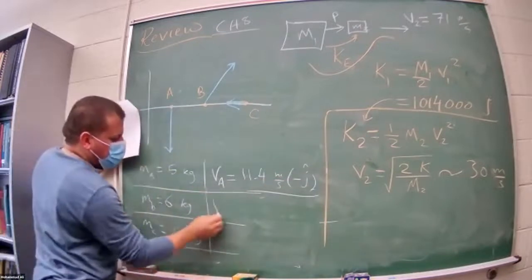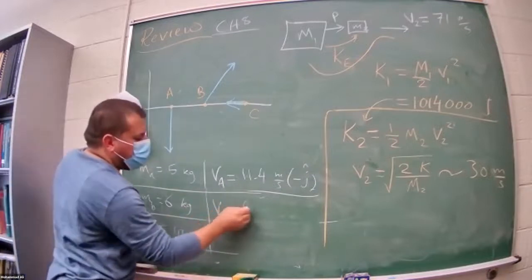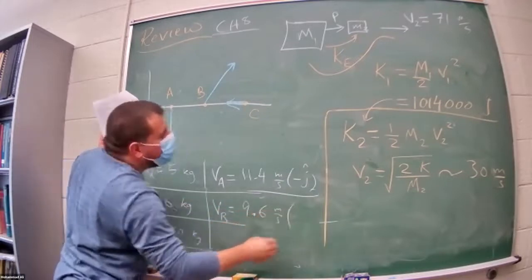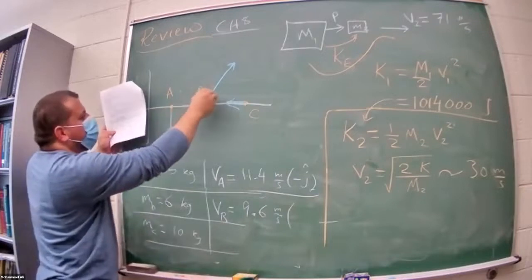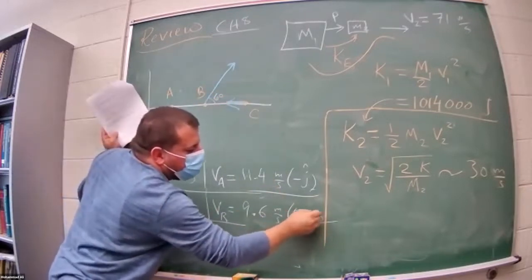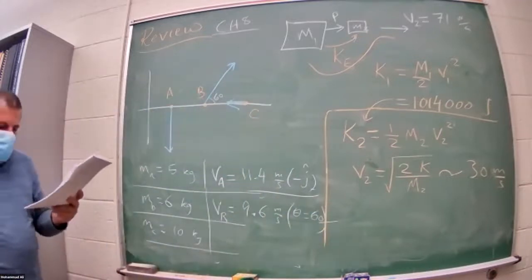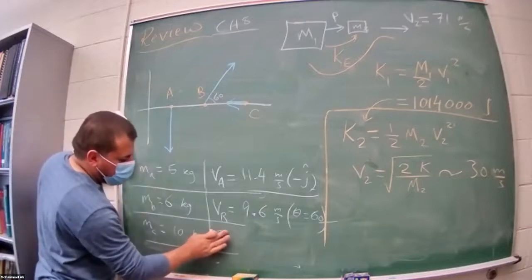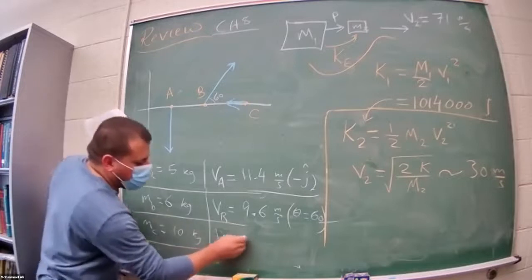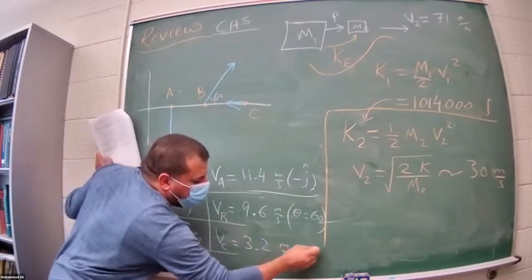VB is equal to 9.6 meter per second in this angle direction, which is 60. Theta equal to 60. We can decompose it to Bx and By. What about C? VC is equal to 3.2 meter per second to the negative I hat.